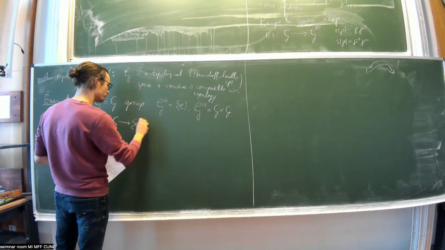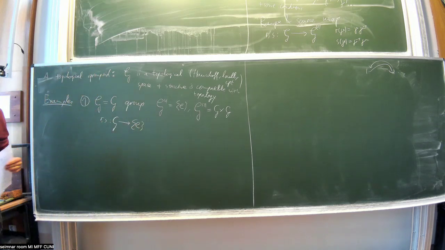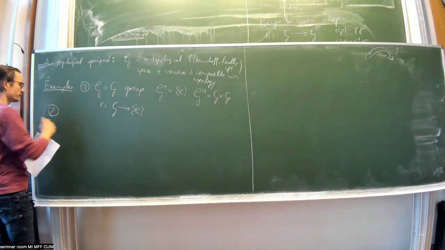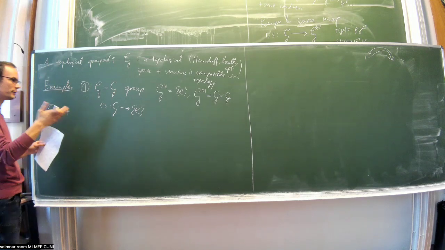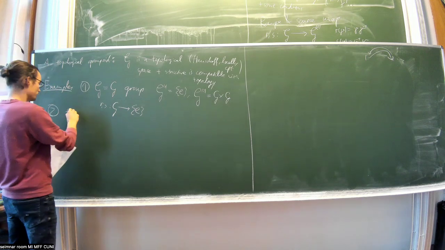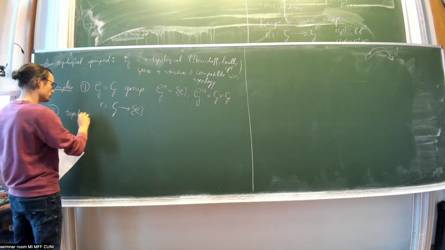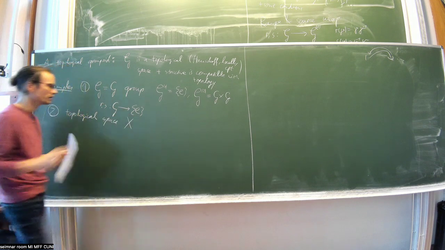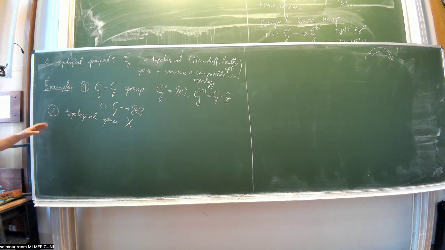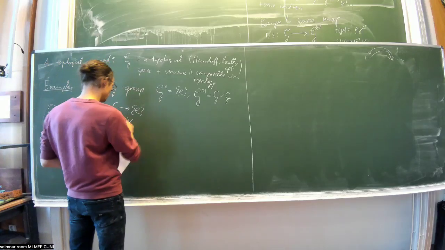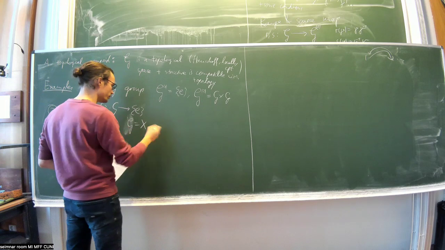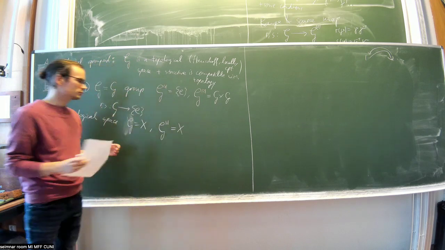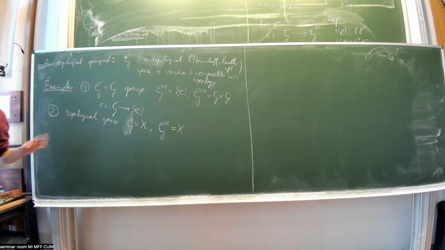Yeah, and in the group example, of course, the range and the source are both trivial because there's only one point. The second example, the first example I'm talking about that's not a group, is a topological space, let's say X. And this is also a groupoid, where the groupoid is equal to X. The unit space is all of X. So this is a groupoid where you only have unit space.